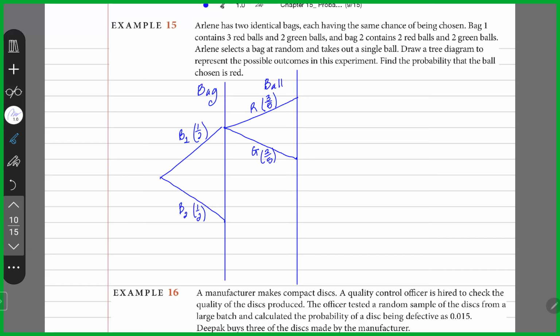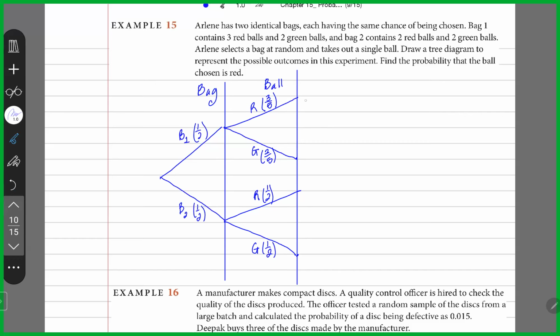Bag two, you could either select a red ball or you could select a green ball. Now in bag two, there's the same number of red and green balls. So the probability is 50% or a half.